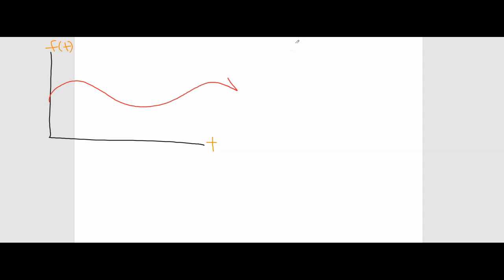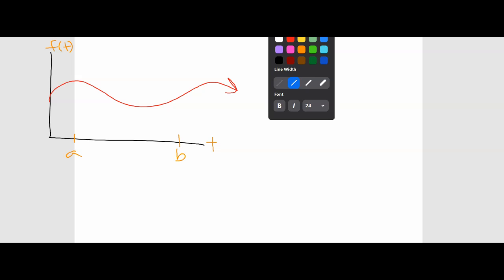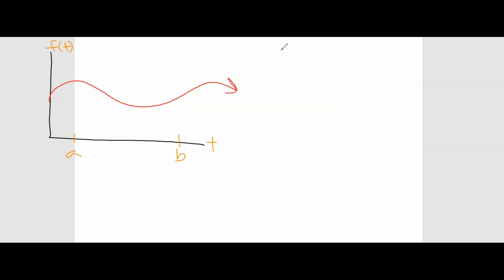So what is this saying? Well, if I have a function, call this f of t, and let's have my interval here, a to b, and let's put the x somewhere in between. We said that the x had to be on the interval a to b.